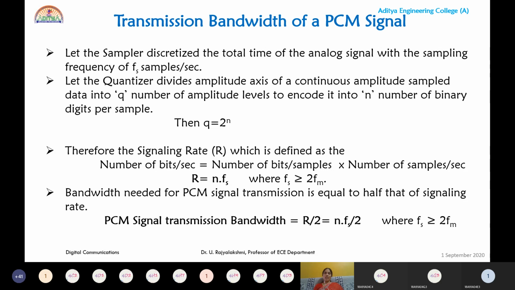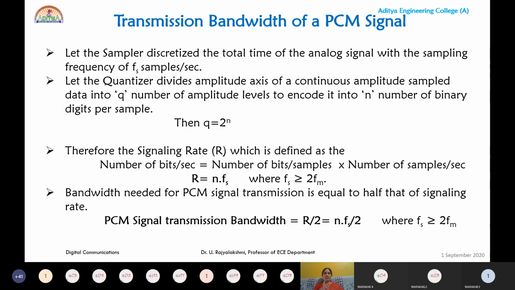How many samples are there per second? That is nothing but the sampling frequency. So the final thing here is that the signaling rate can be defined as the product of the number of bits per sample and the sampling frequency. You can call the number of bits in a sample the entropy. So what is signaling rate?